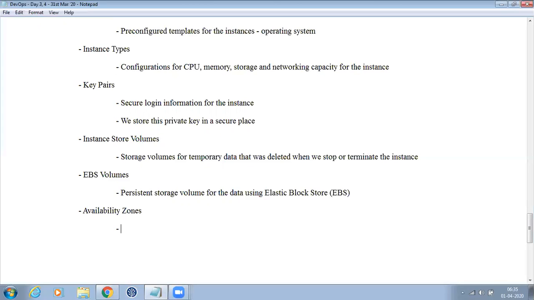So we put it very simply: multiple physical locations for the instances and EBS volumes.